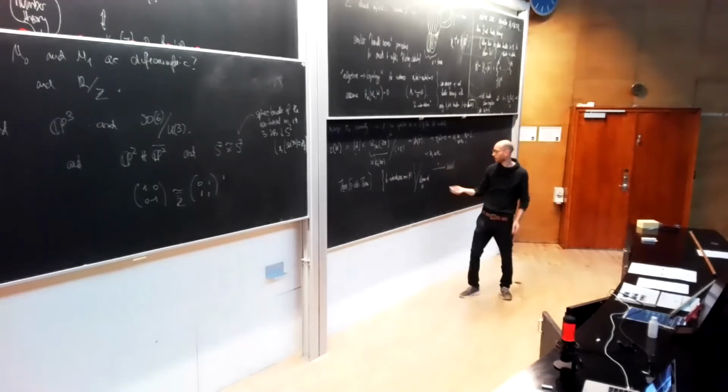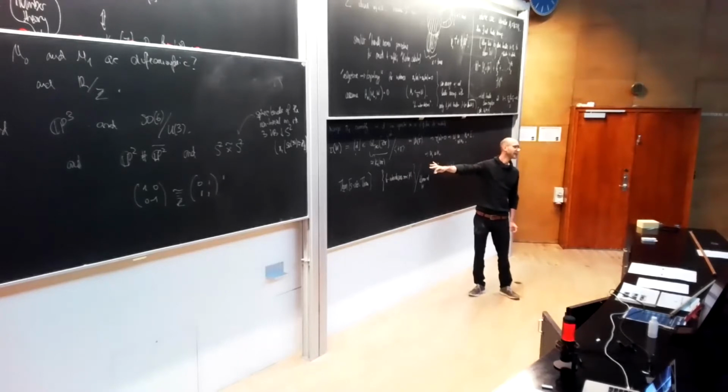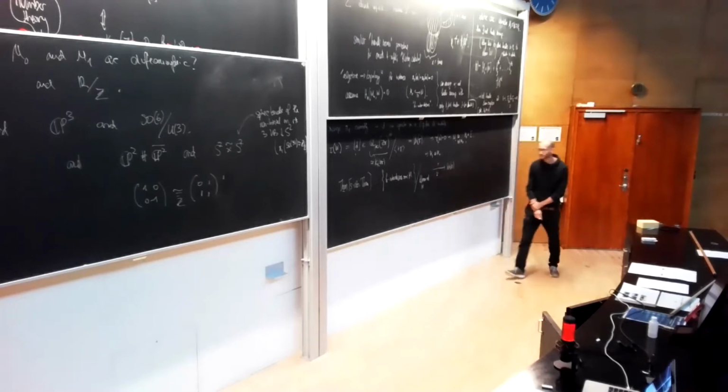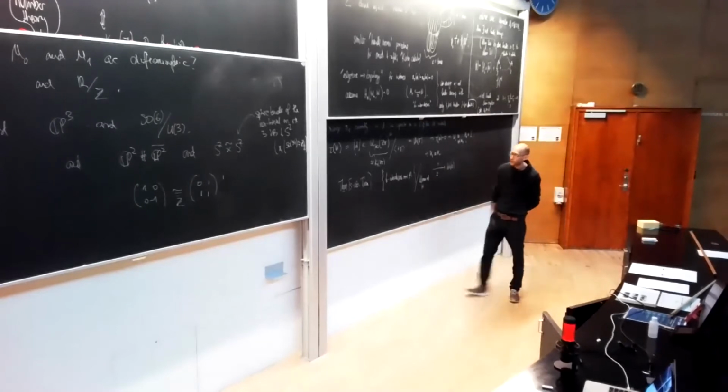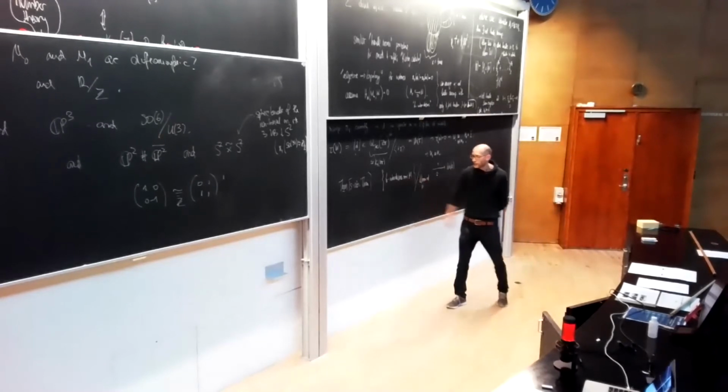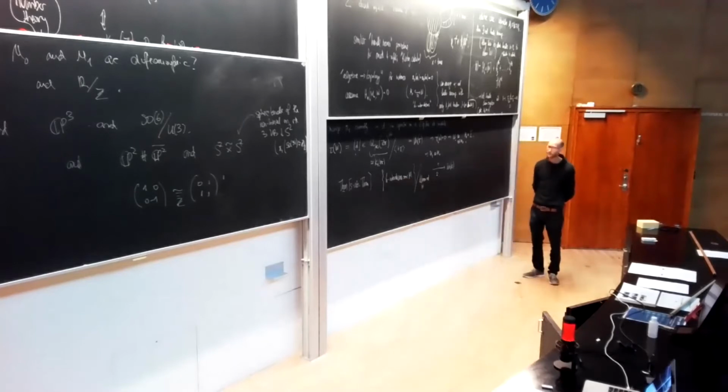And what I explained is that if this element goes to 0, then the h-cobordism is trivial, and the same is true conversely. So that's the h-cobordism theorem, telling us about the set of isomorphism classes of h-cobordisms over N.